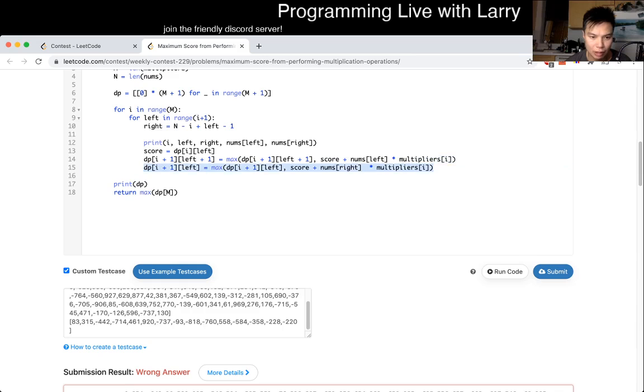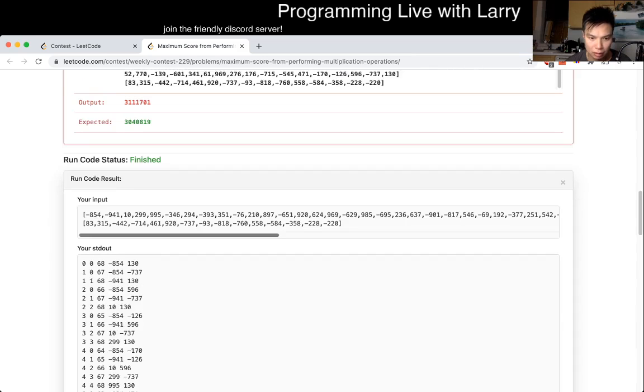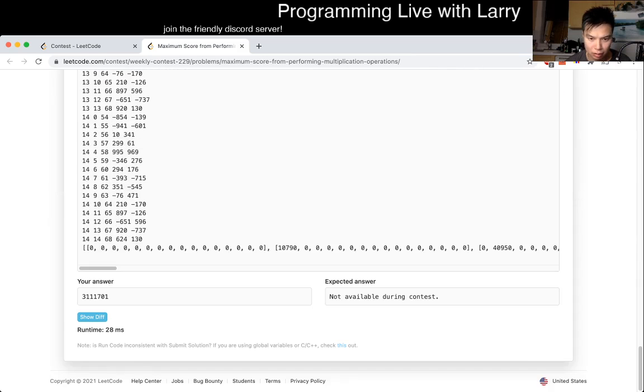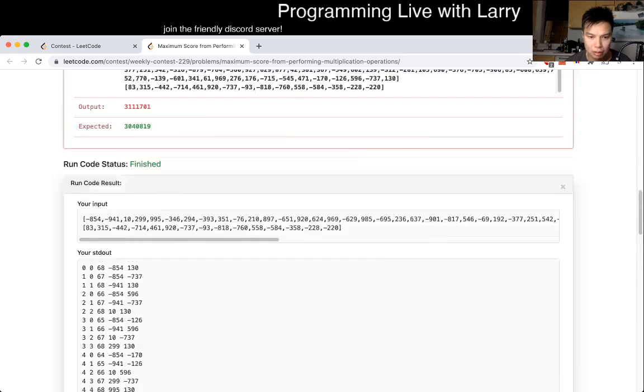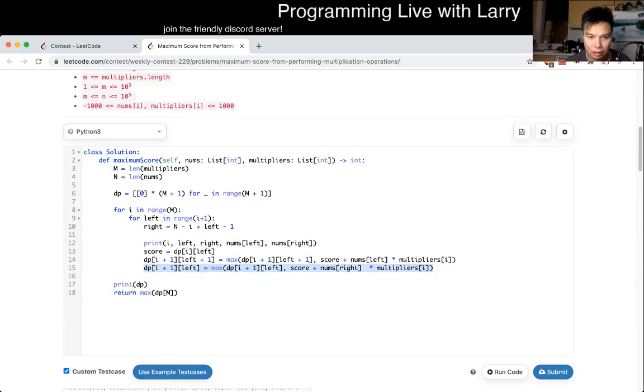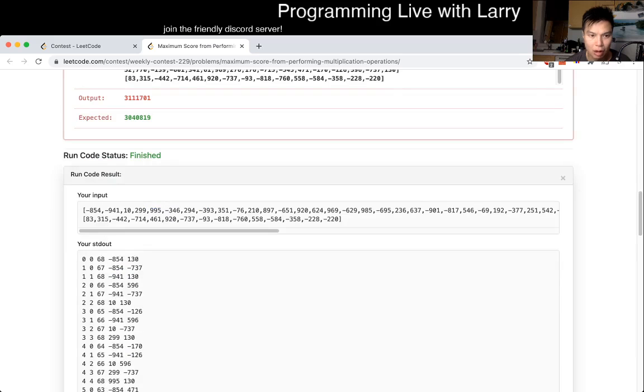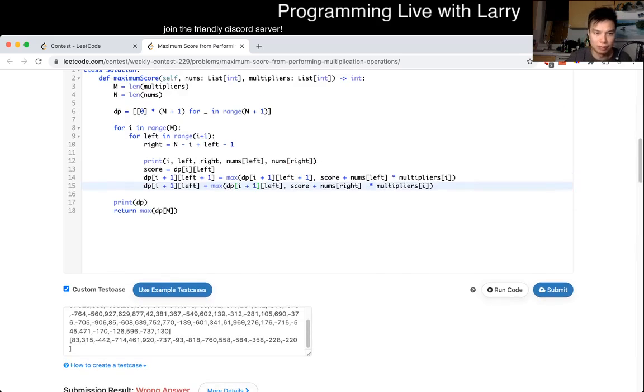This is choosing the right and the left. Why is this not set? Did I reset it somewhere? I guess I reset it somewhere by accident, but oh, because the default is 0.